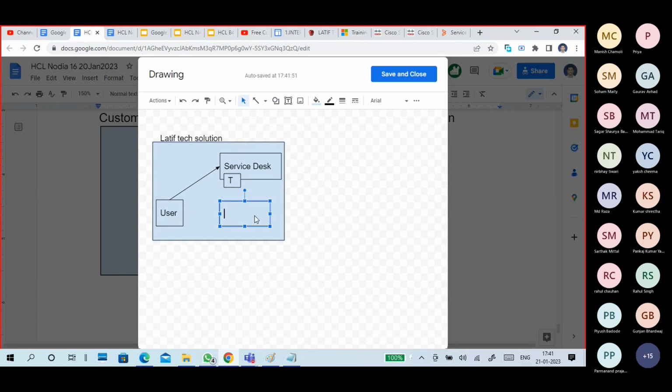Either they will assign it to themselves or they will send it to the team or group, the concerned department. This team looks at your issue, and either comes to your premises or resolves it from their location. Once the issue is resolved, the ticket will be closed.